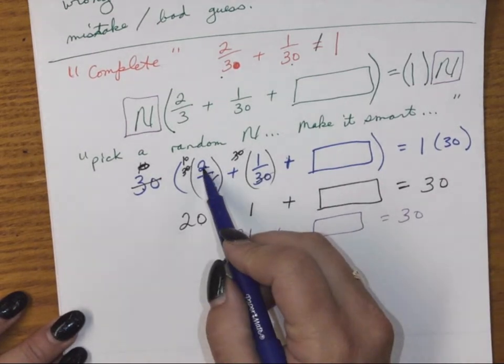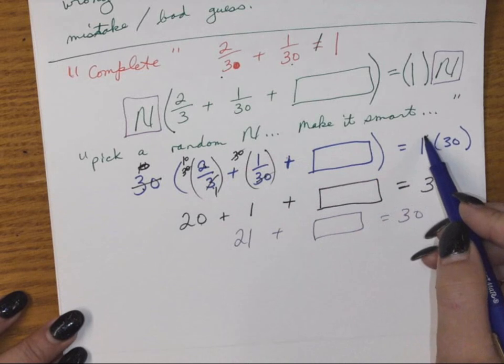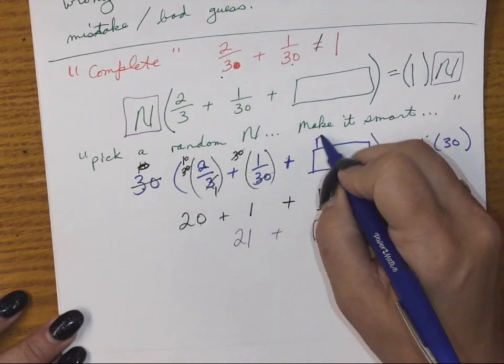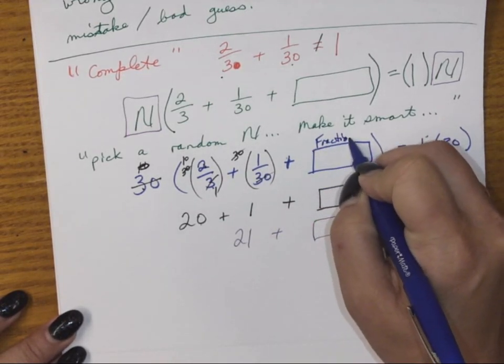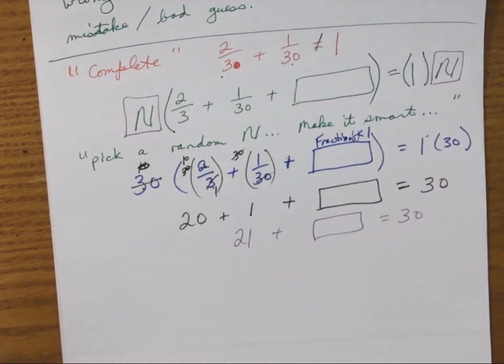My actual question was 2/3 plus 1/30 plus some stuff equals 1. So I need this to be a fraction less than 1, or maybe multiple fractions that are less than 1, right? But I need them to be fractions. That's what I'm after. So I need to add a 9.